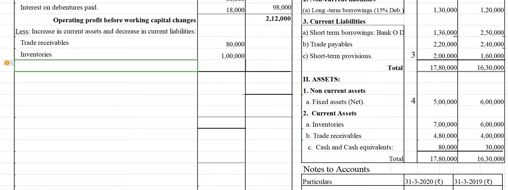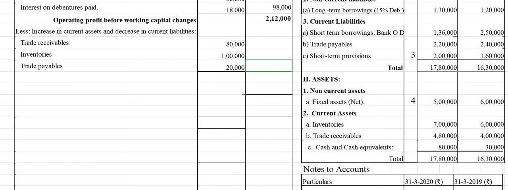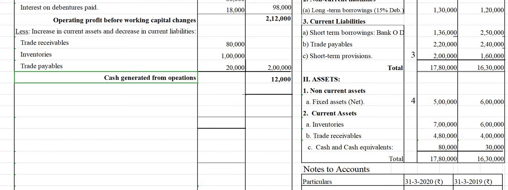Now assets are over. Let us see liabilities. Decrease in current liabilities: trade payable decreased by 20,000, so that 20,000 will be written. Total 2 lakh will be transferred to the outer column. From 2,12,000 we deduct 2 lakh, and we get 12,000 rupees. That is cash generated from operations.